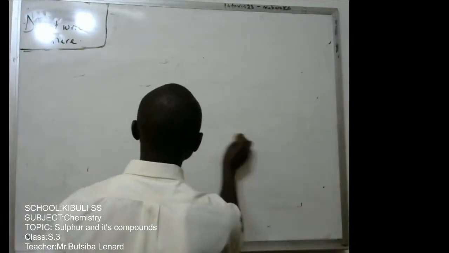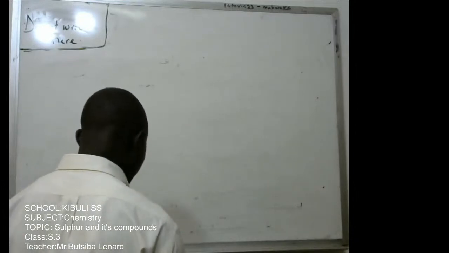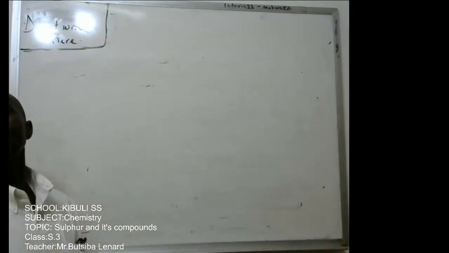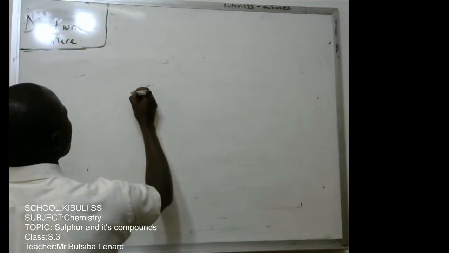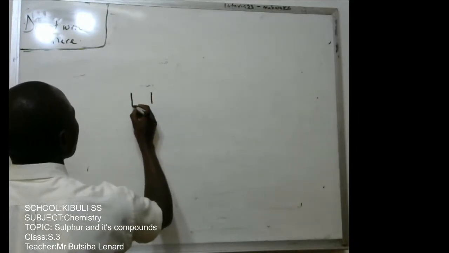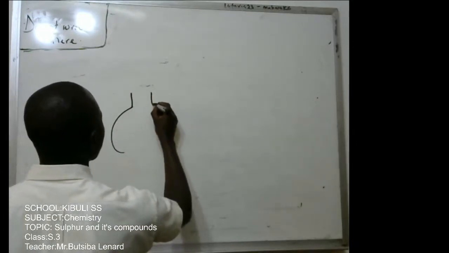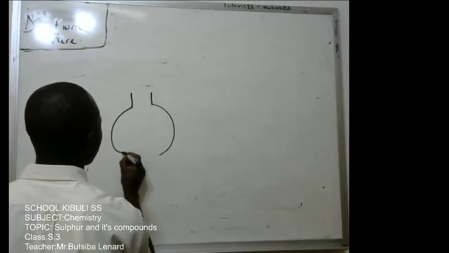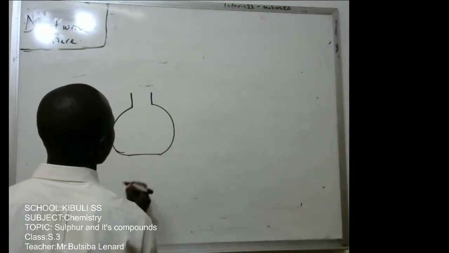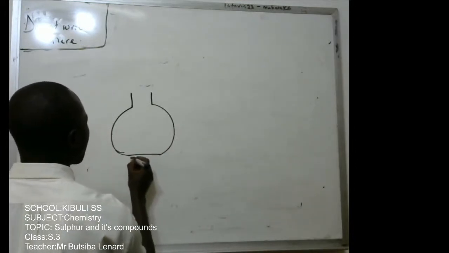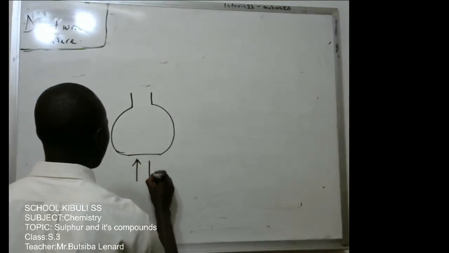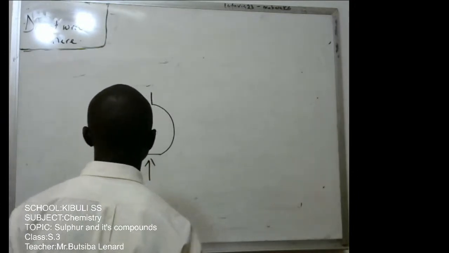So with the whiteboard erased, you can figure out the diagram. Of course, we talked about a flask. Maybe this is the flask. We talked about the source of heat. This is the source of heat.